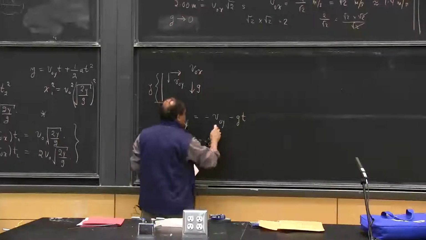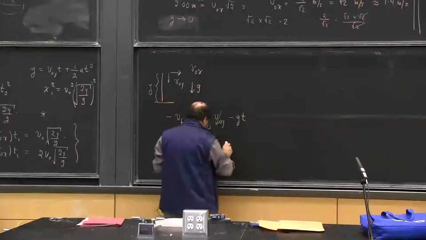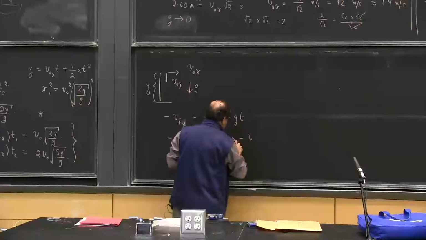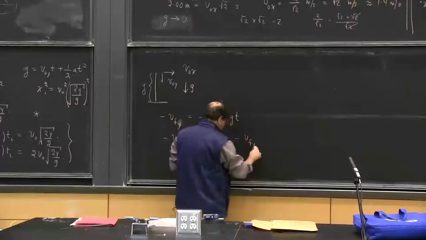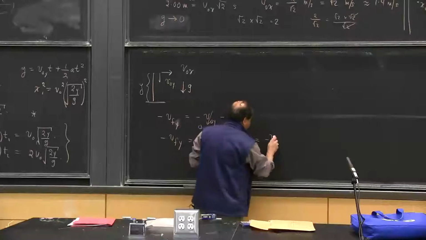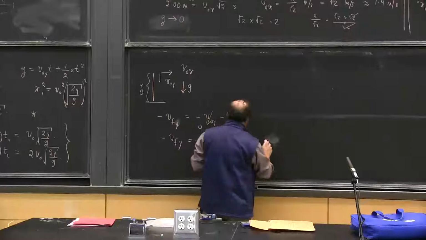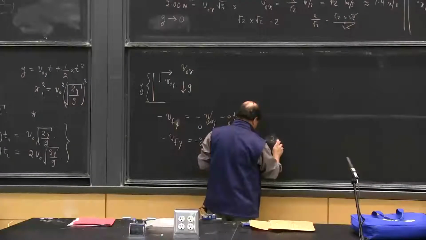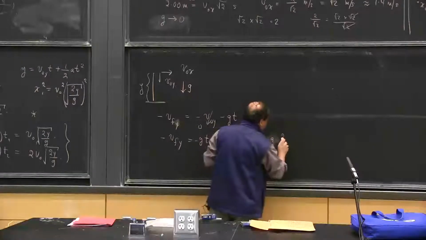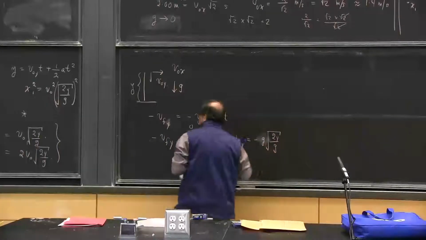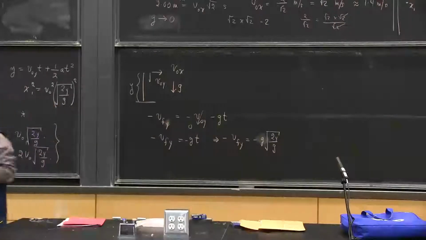If I kill off this piece, if I set this to 0, then from here I can see that minus v final y is minus g times the square root of 2y over g, because that would be the time involved for it to drop.